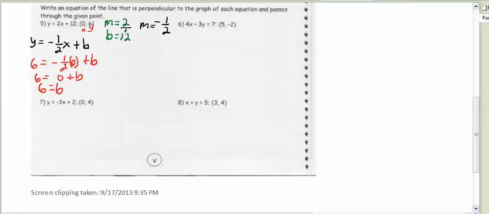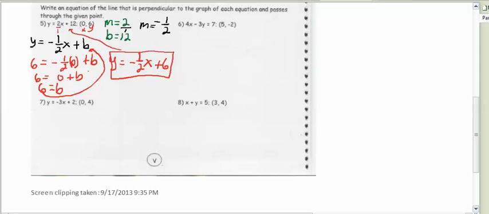So I take that 6 and I put it into that b position. So it's going to be y is equal to negative 1/2 x plus 6. That's my answer. That's a line that is perpendicular to this one because we took the slope, we flipped it over, and changed the sign, and then we solved for our b.